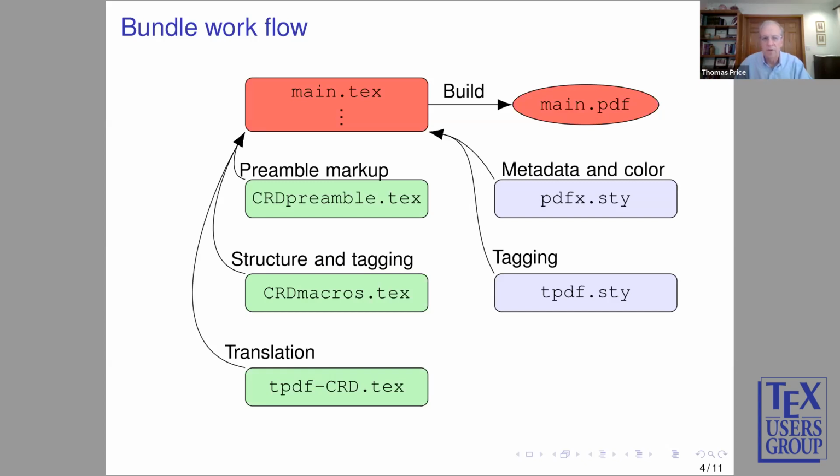This handles all tagging issues. If you use these two files correctly, you will get an accessible PDF/UA document. Okay, so the preamble is a file that the main file imports. I mentioned that I wanted to keep things simple for the authors, so most of the preamble material for these files is contained in this preamble document.